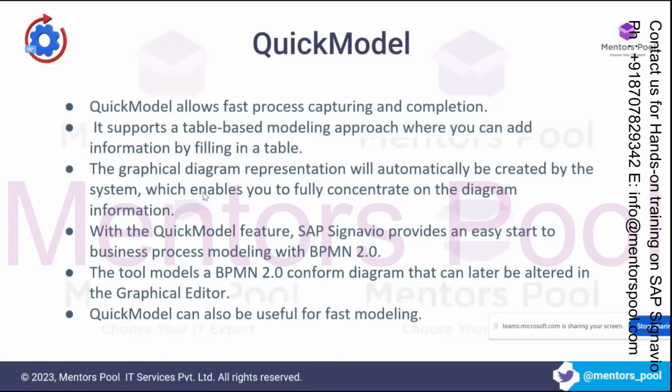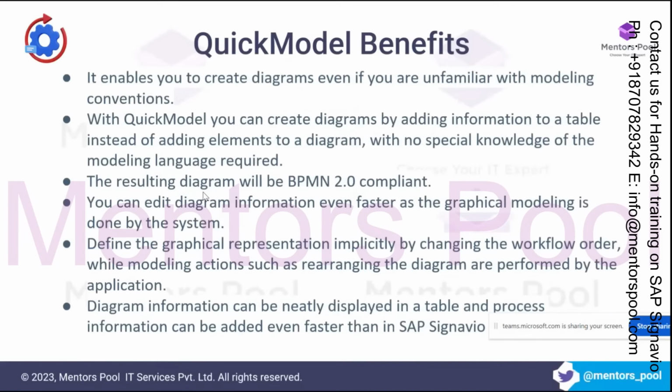All those diagrams are generated in BPMN 2.0. And if you want to make some changes to the diagram you have generated, you can make the changes in the graphical editor as well. So quick model is basically used for faster modeling. It enables you to make process models faster. You can add information in the table.